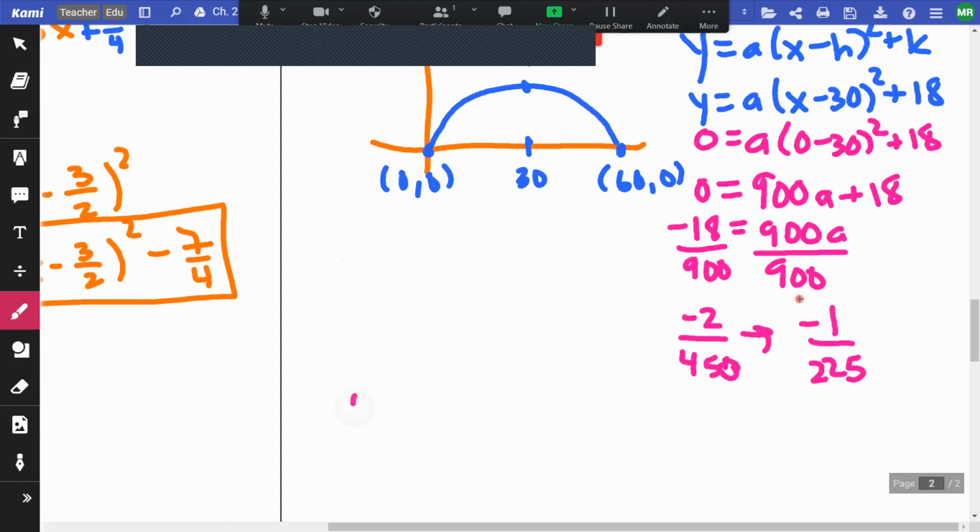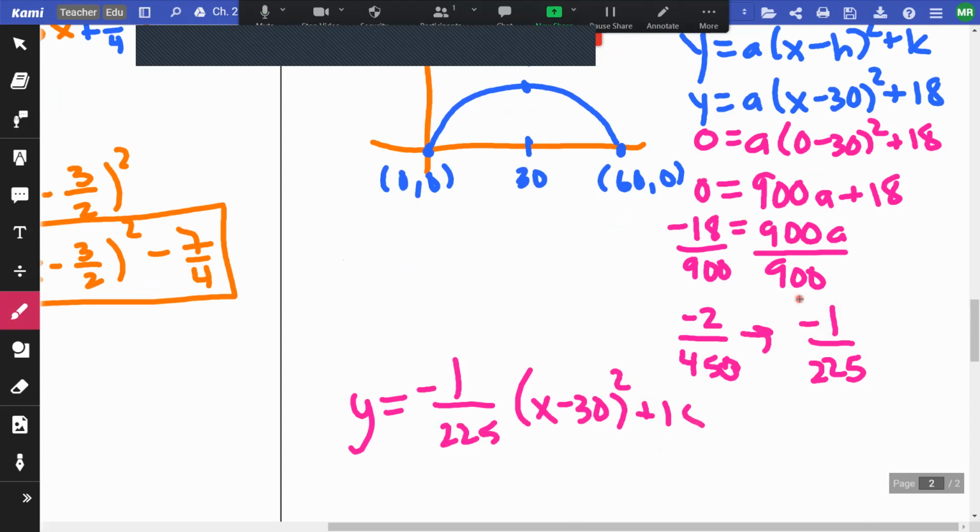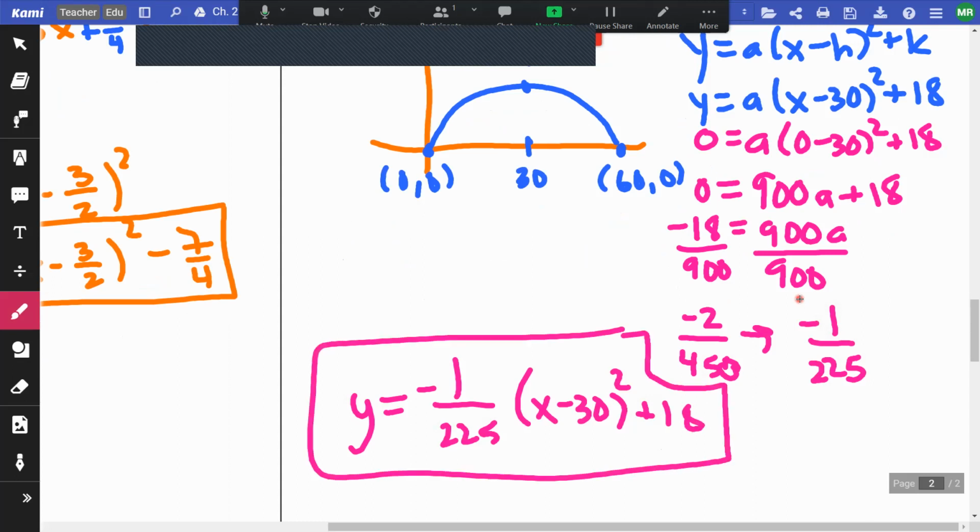So y equals -1 over 225 times the quantity x minus 30 squared plus 18. Again, I reduced the fraction, but -18 over 900 would be acceptable.